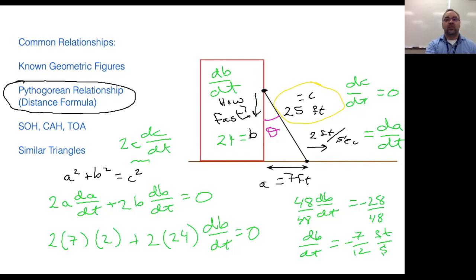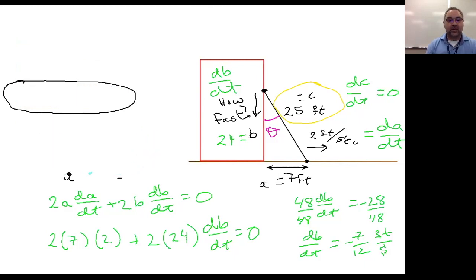Let's see here. I thought there was a way to copy this. Apparently not. So I'm going to have to just clear some of this off of here. So the setup is the same. Oh my!